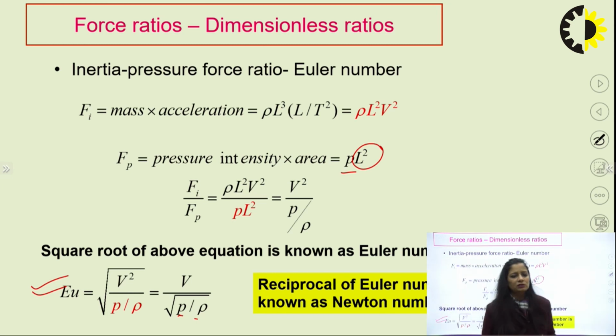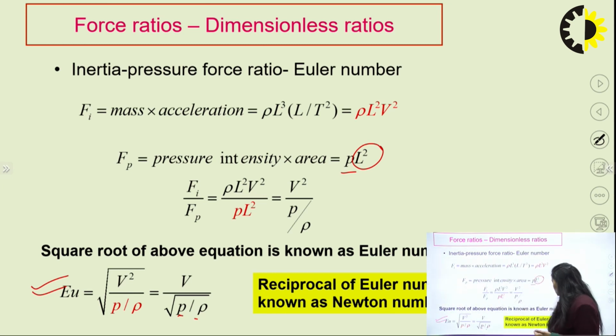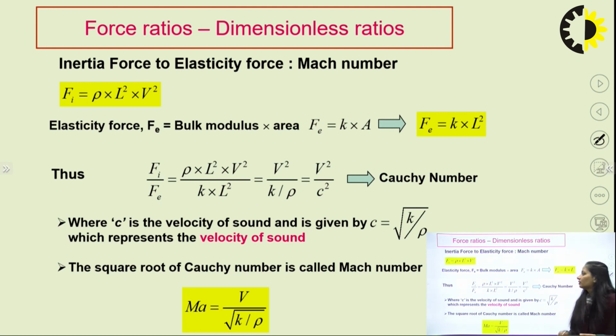Reciprocal of Euler number is also called your Newton number. Now the next dimensionless ratio is your Mach number. Okay. What is Mach number? Mach number is again a ratio of inertia force to elasticity force. So what is this elasticity force?